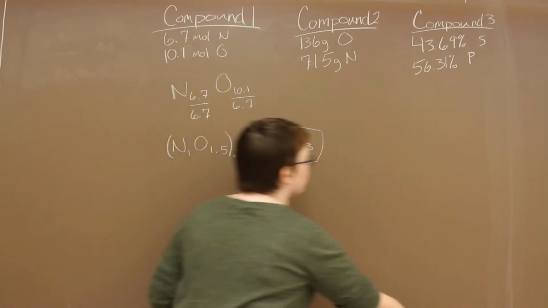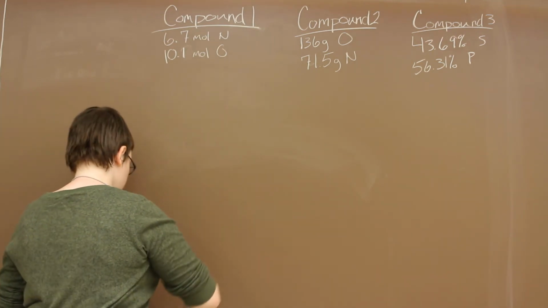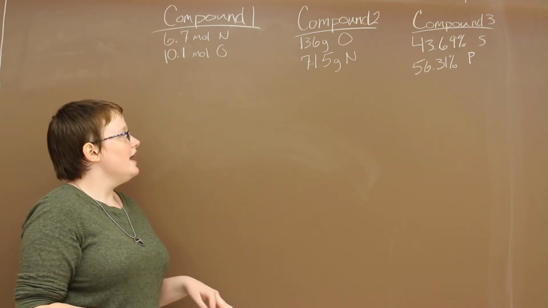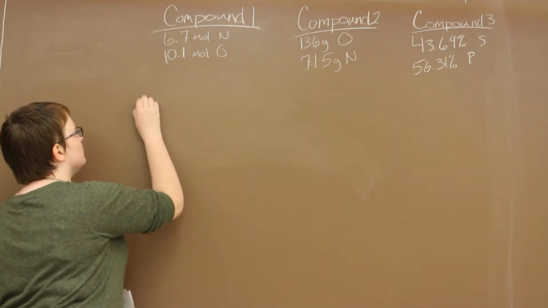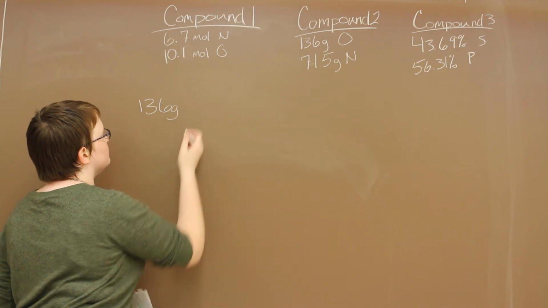For our second compound, we know the grams, but not the number of moles. So we have 136 grams of oxygen and 71.5 grams of nitrogen. So we have 136 grams of oxygen.